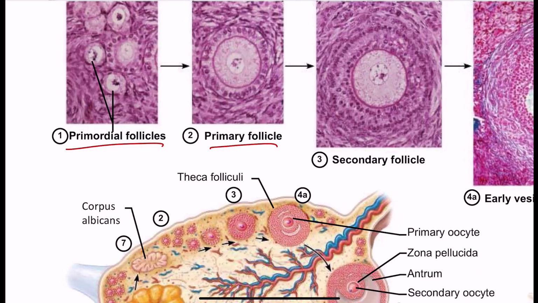That layer that's around the outside of the oocyte is called the zona pellucida. The zona pellucida means clear layer or clear zone. The primary follicle will become a secondary follicle, so things get bigger, there's more cells surrounding.